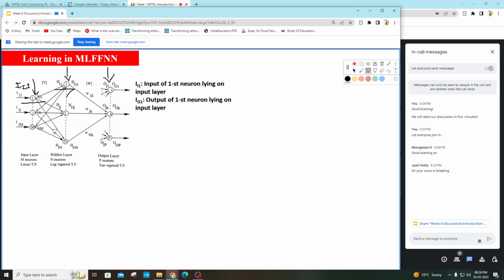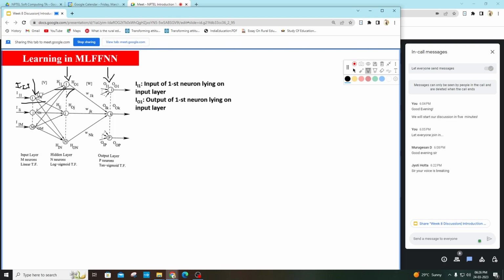Then weights. I have told you that all the information coming out from the first neuron of the input layer, IO1, will not only go to the first neuron of the hidden layer, it will go to all the neurons of the hidden layer.